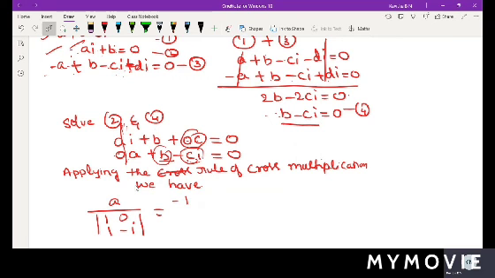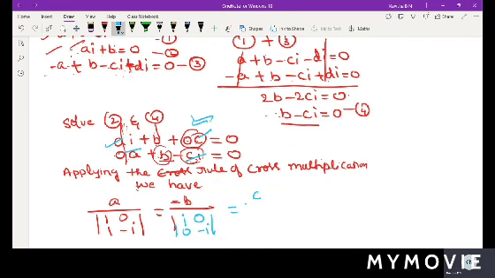Then b, then here minus b, the rule is my middle term is b, minus b. Here take the middle column b, don't take the coefficient of b terms. The coefficient of a term is i, then the coefficient of c is 0. Then come to the second equation, the coefficient of a is 0, then the coefficient of c is minus i.